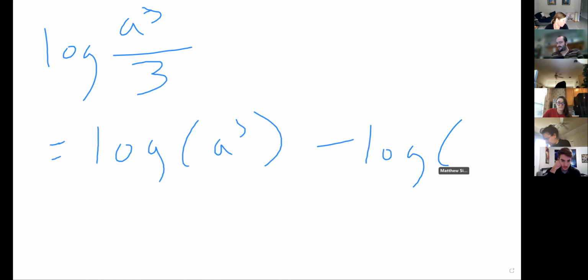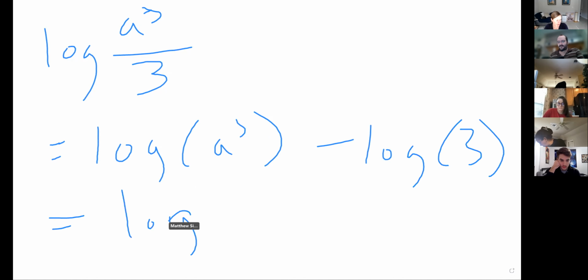Yeah, okay, so you did that in 1 step. I'm going to break it apart into 2. The first thing he noticed was that this has some division in it. So he took care of the division. He separated the logs, made the division into subtraction. So we get log of a to the 3rd as the numerator, and we're subtracting the denominator, which is log 3.